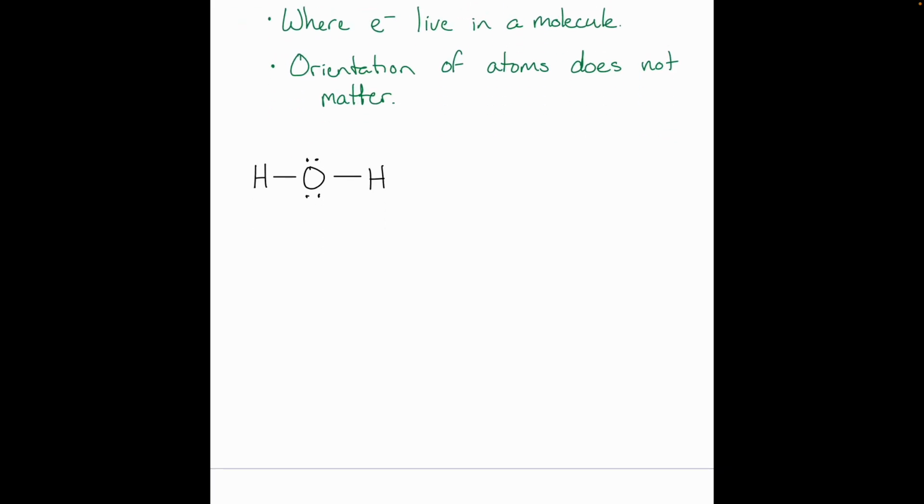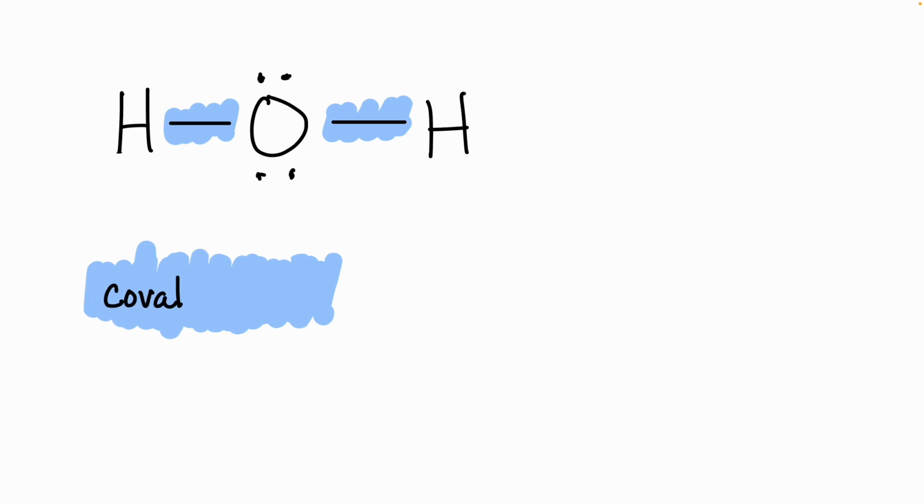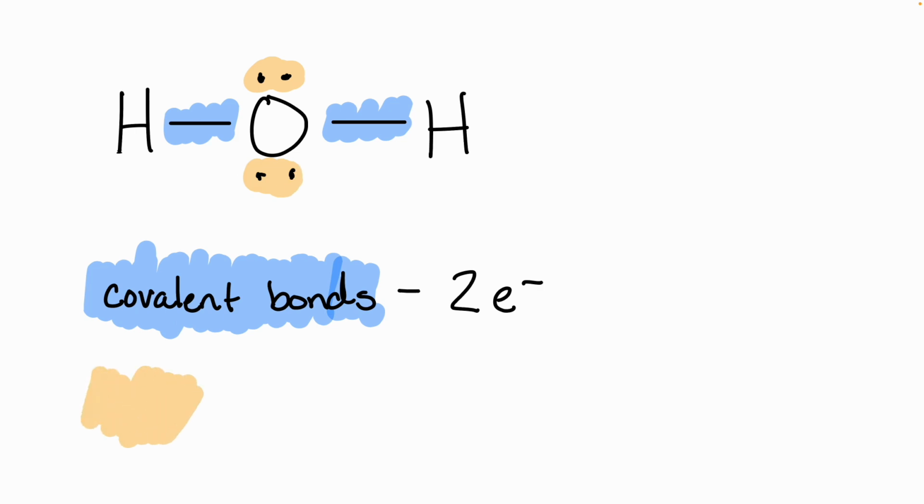What were the lines in my Lewis structure? What did these ones represent? These are my covalent bonds. And how many electrons make up one of those covalent bonds? 2. And then we also have these dots here. What did we call the dots?